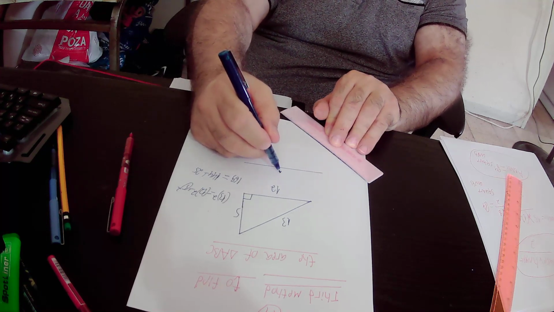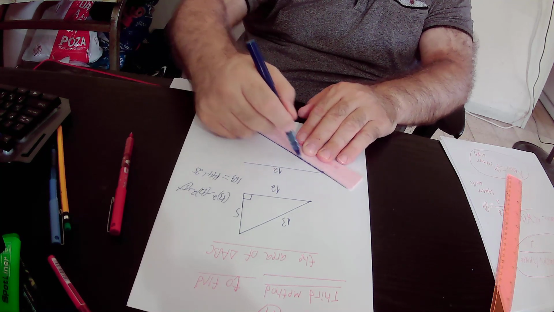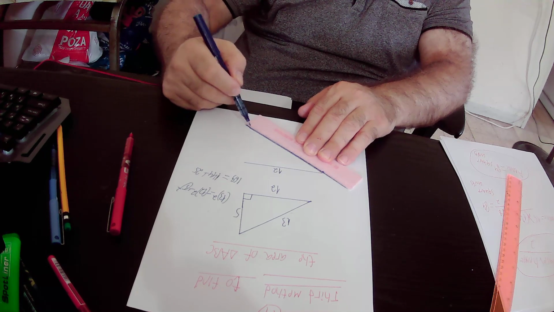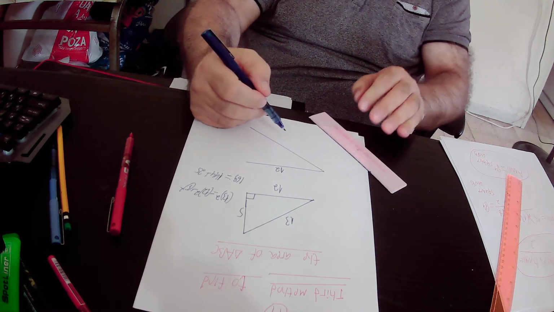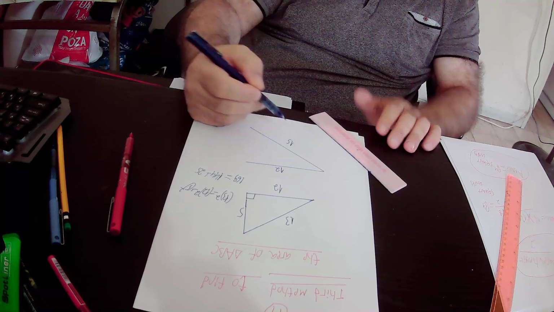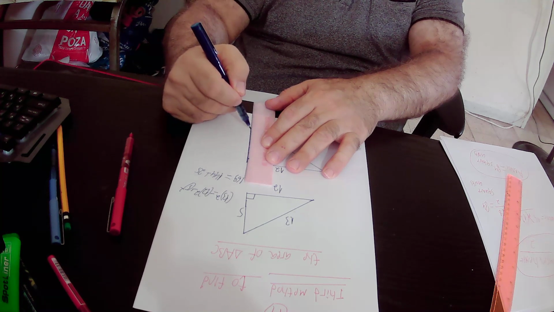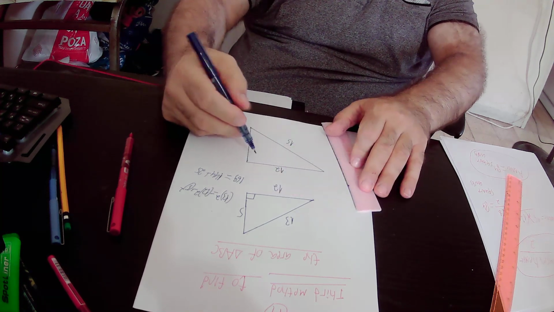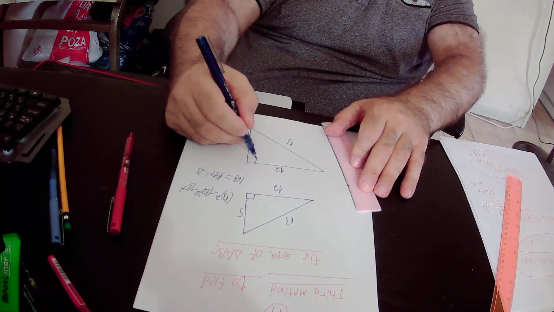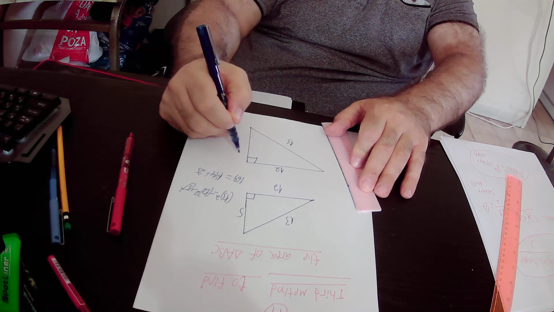This side is a side of 12 units. This side is the hypotenuse of the right triangle that is equal to 15 units. And this side is the side that equals 9 units.